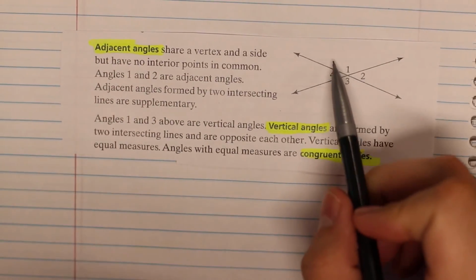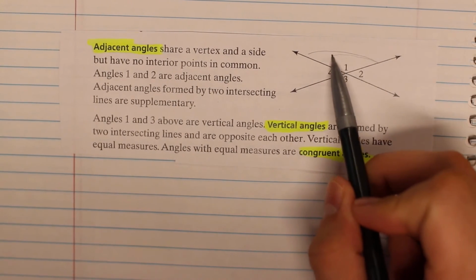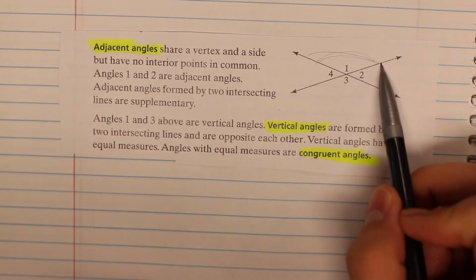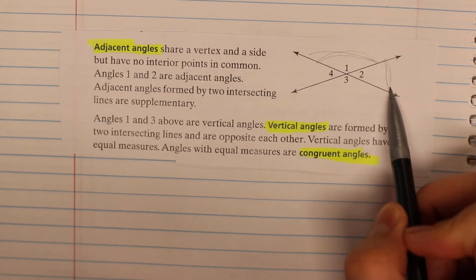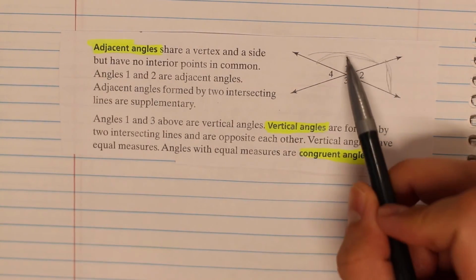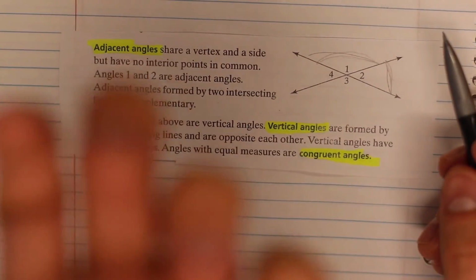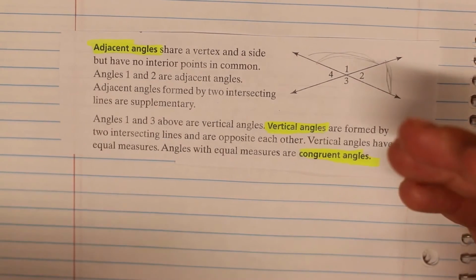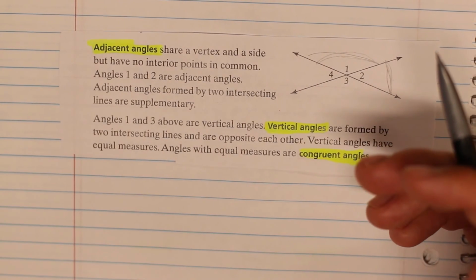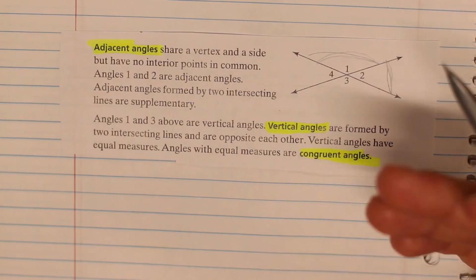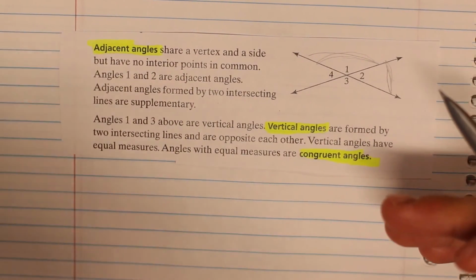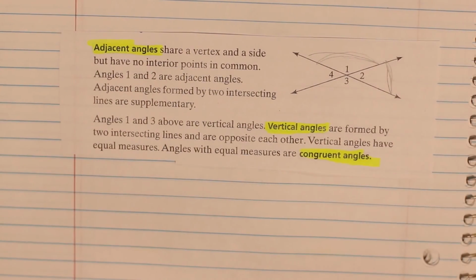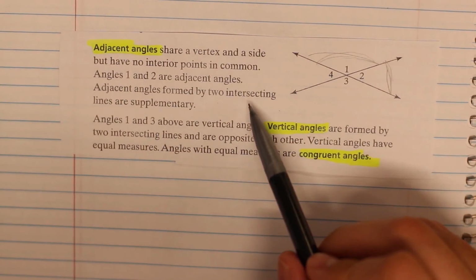If you look at this angle right here, the one that branches between these two, and the one that branches between these two, these two angles are adjacent. Adjacent basically means right next to each other. If I was to ask you in class, who's adjacent to you? It's the person sitting next to you. They sit adjacent to you, okay? So that's how that works.